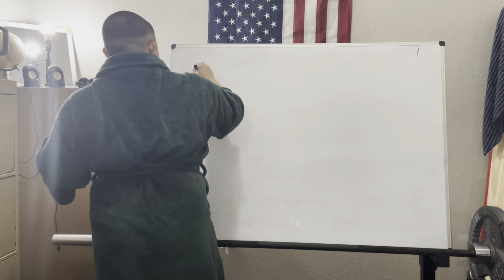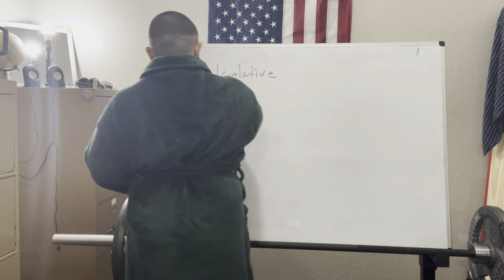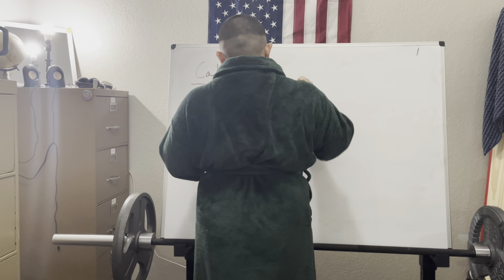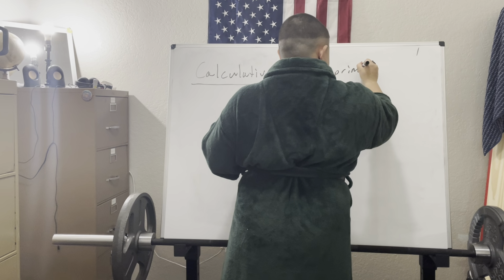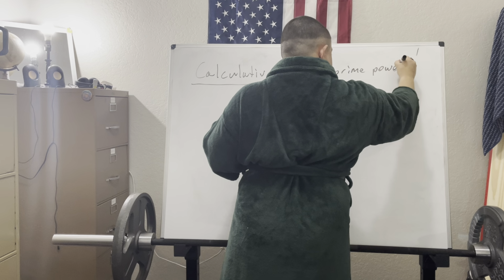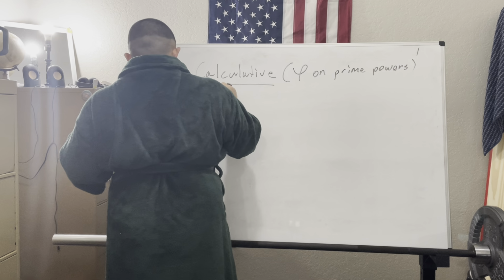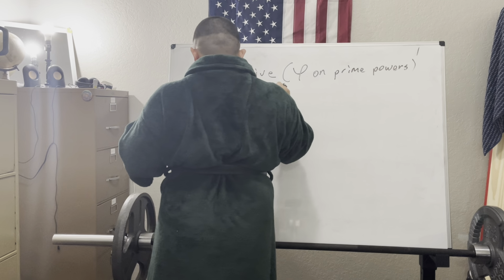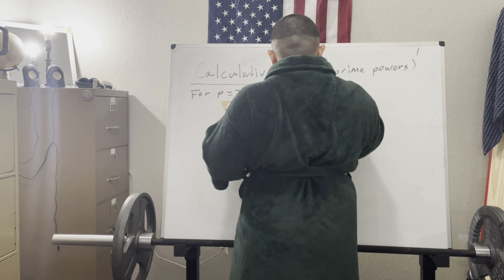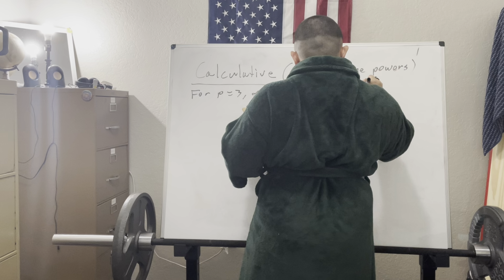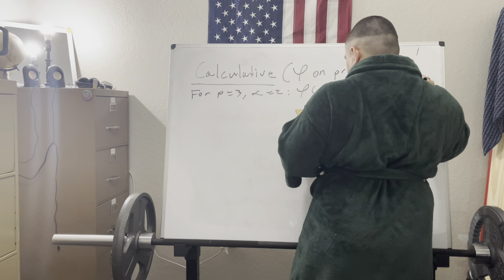Let's look at another calculative, which is the totient on prime powers. So for p is equal to 3, alpha is equal to 2, we have the totient of 3 squared is equal to 3 squared minus 3 to the power of 1, which is equal to 9 minus 3, which is equal to 6.